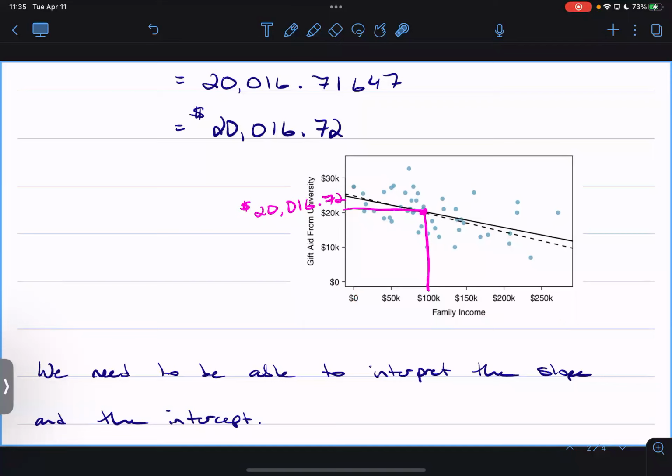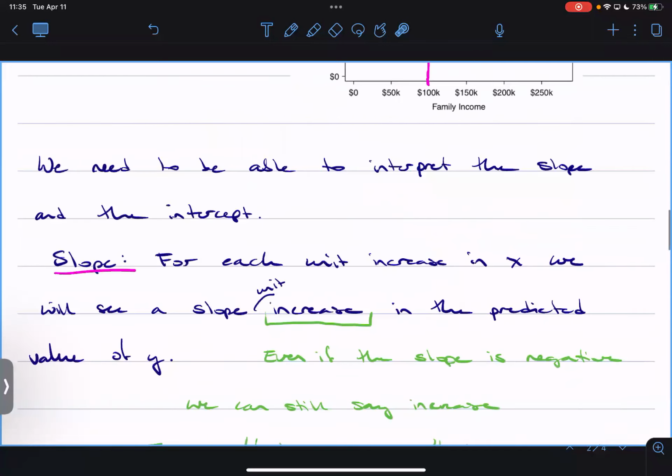So this line applies for family incomes between 0 and 300,000. Does it apply to someone's family who makes, let's say, $1 million a year? No, right? I am guessing what would happen with the line is you would get a negative predicted gift aid, which makes no sense either. And so it only applies to these values of x.